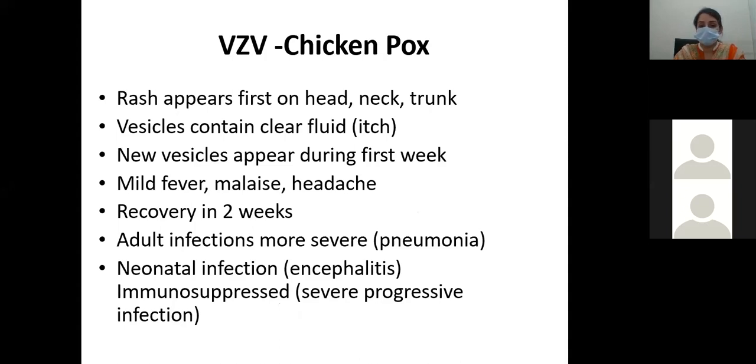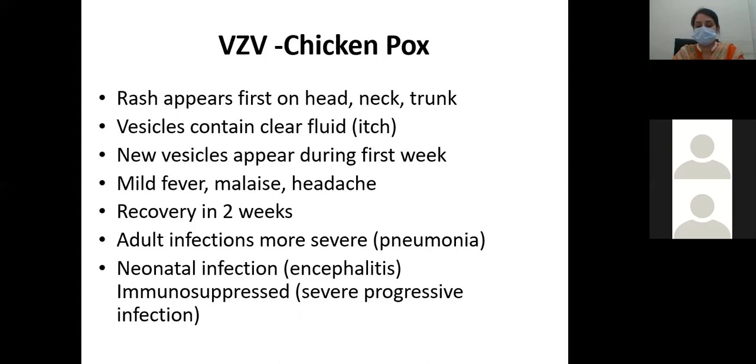Okay, then there is varicella zoster virus chickenpox. The rash appears first on the head, trunk, and neck, and the vesicles contain clear fluid and are very itchy lesions. New vesicles appear during the first week, and with these lesions there may be mild fever, malaise, and headache, and recovery is in 2 weeks.